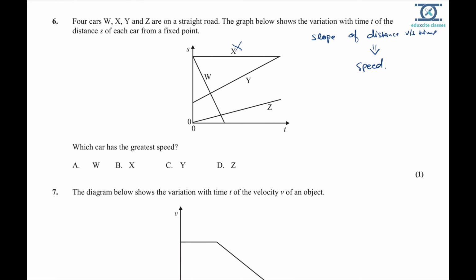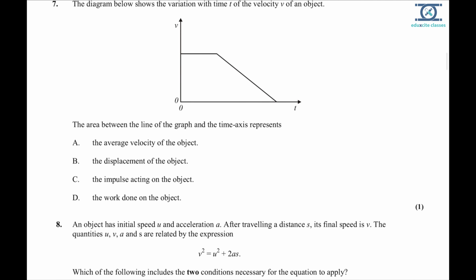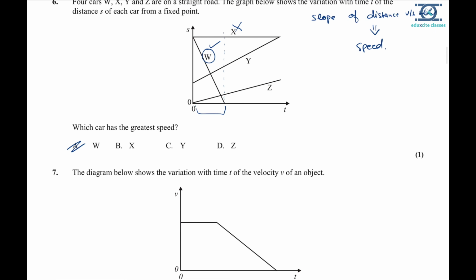Now for the short interval of time t, at this position you can see the maximum change in distance, or the maximum distance traveled, is by W in the shortest time period. So W has the greatest speed, which is option A. You can check the other gradients also.